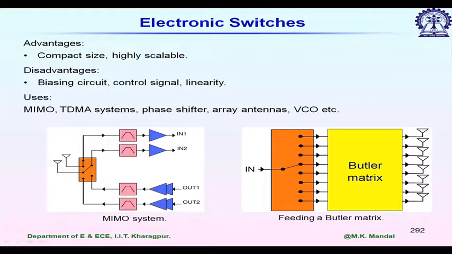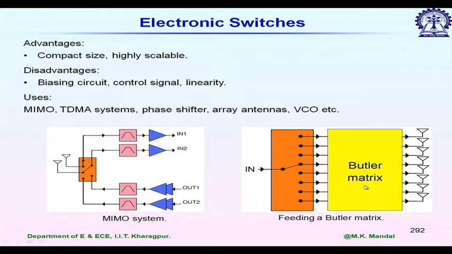Another example, this is a passive component, the Butler matrix. It is used for phased array antennas. Inside the Butler matrix, we have a combination of several branch line couplers, passive phase shifters, crossovers. Now, the order of the Butler matrix is 2 to the power n by 2 to the power n.